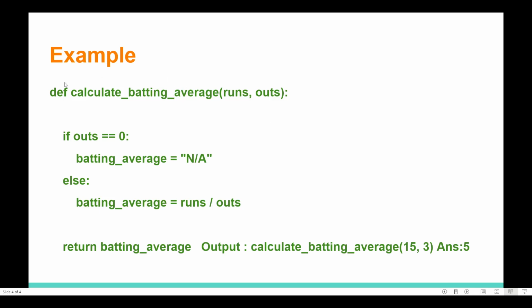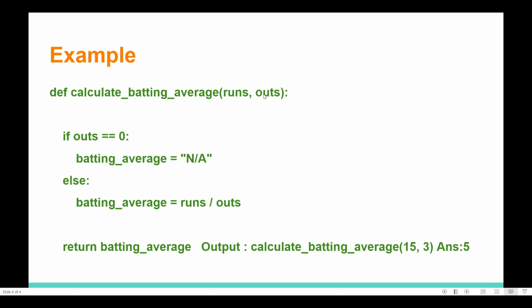Here is another example. Here we are going to calculate the batting average. First of all, we have defined a function: def calculate_batting_average runs and outs. Here we will give an if conditional statement. If outs equals 0, so if a particular cricketer is not out, then definitely there isn't any average, so batting_average equals not applicable.